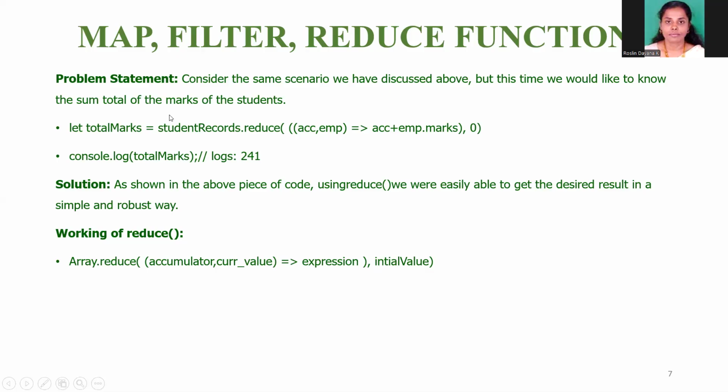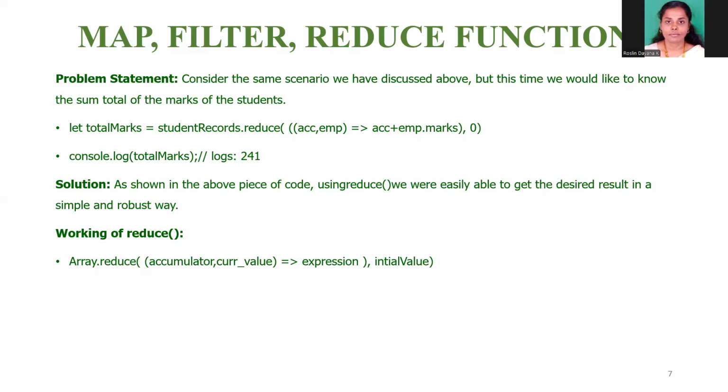Let total marks be equal to student records dot reduce of accumulator, M implies accumulator plus M dot marks. Here two variables are used, the accumulator and M. It will add each mark and get the total.